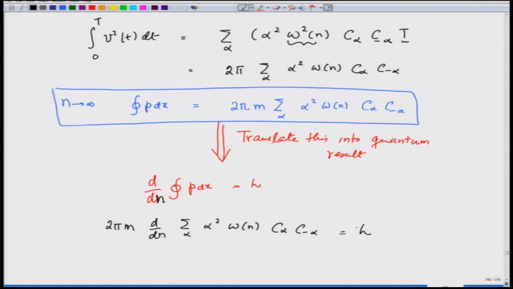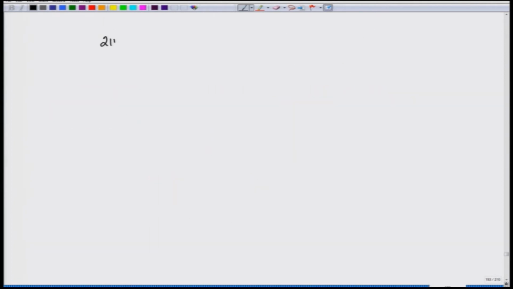Now I am going to make use of the correspondence principle. So I have 2 pi m d by dn of summation alpha square omega n c alpha c minus alpha is equal to h. When I do quantum mechanics, what does this mean?